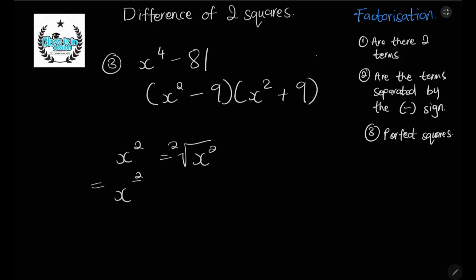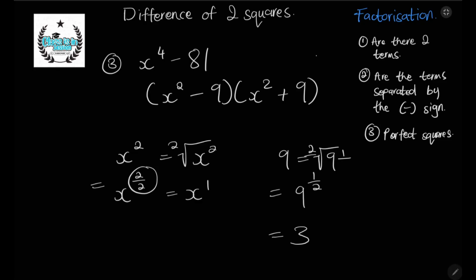So it's x to the power 2 over 2, which is x to the power 1. For this term, we have 9. We put it under a square root to the power 1. So we get 9 to the power inner over outer, 1 over 2. 9 to the power 1 over 2 is 3. So in the first bracket, we should have x and 3.